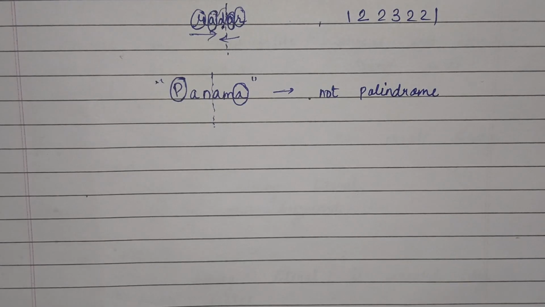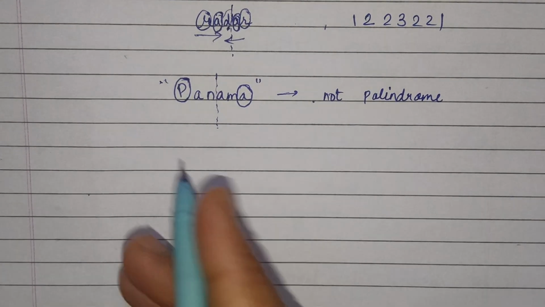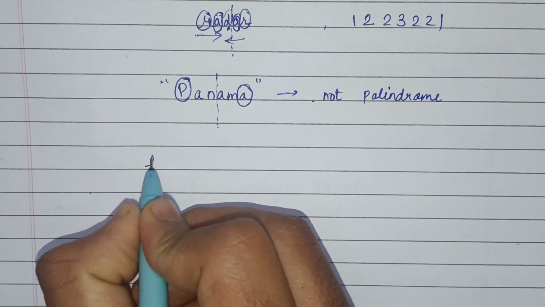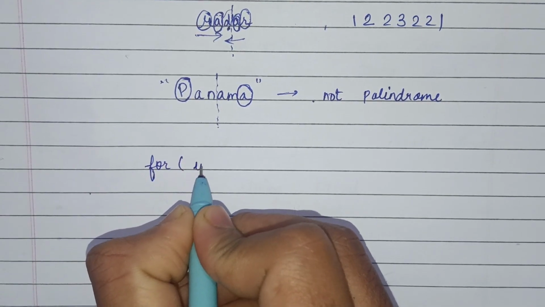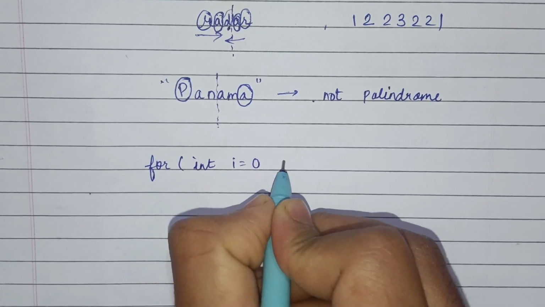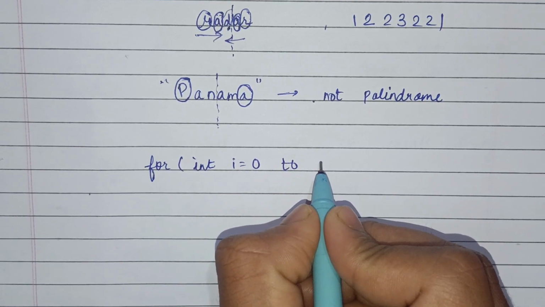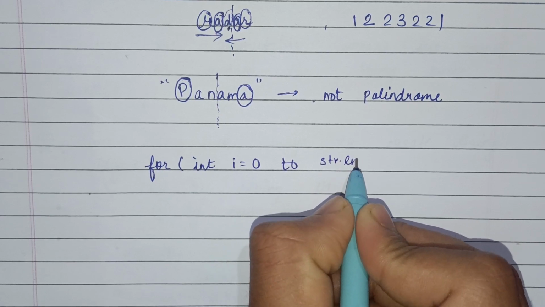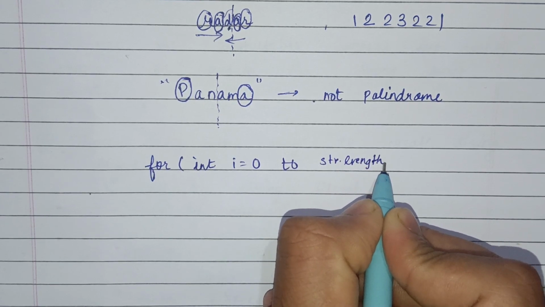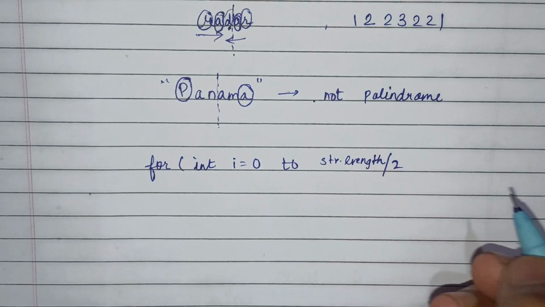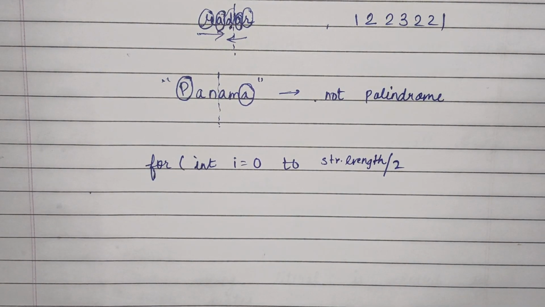So let's see the pseudocode. We will run a loop for int i equal to 0 to the string's length by 2. So we will run a loop till half.